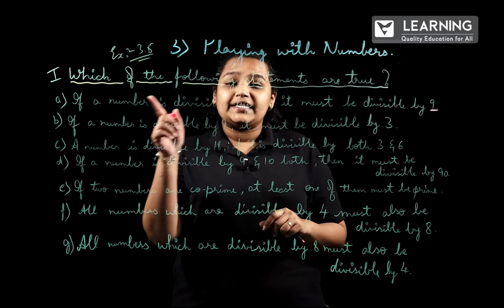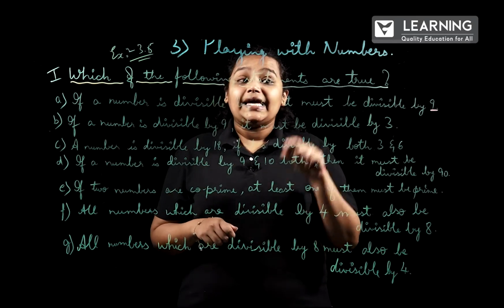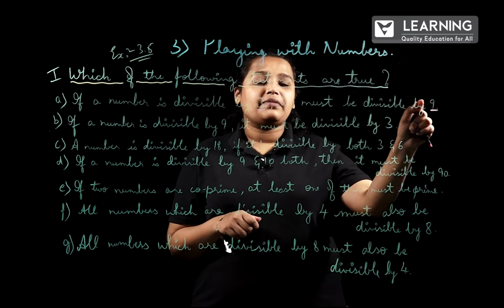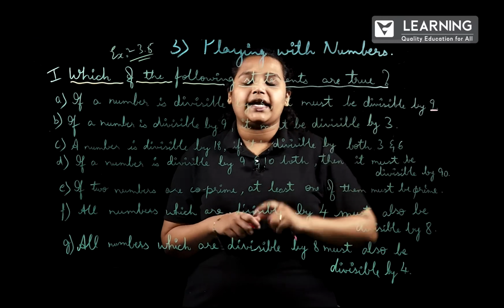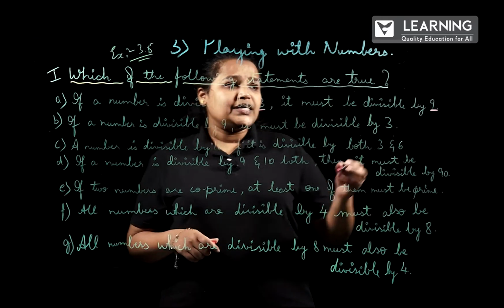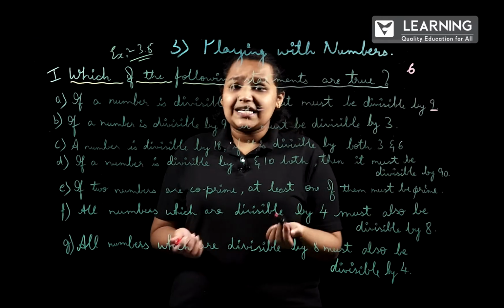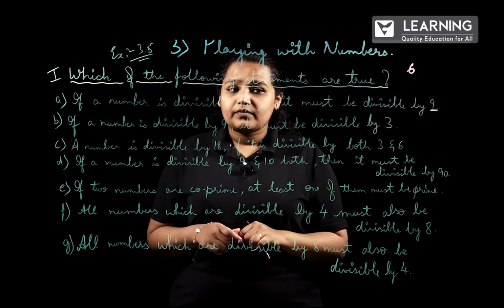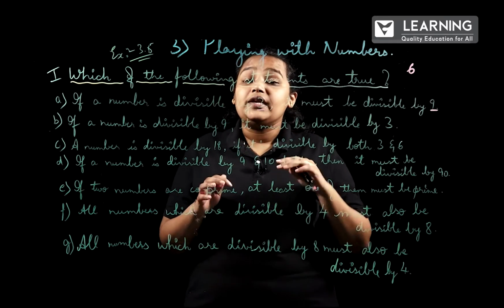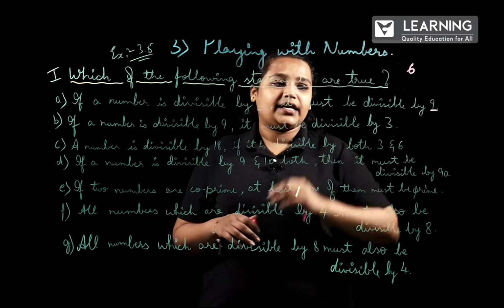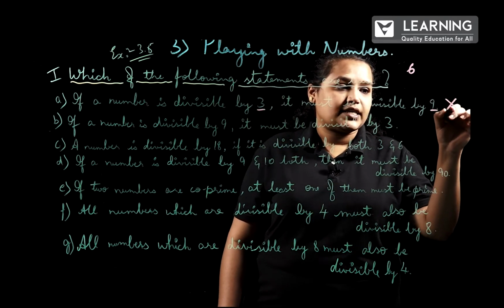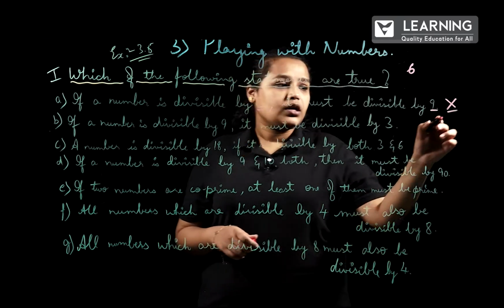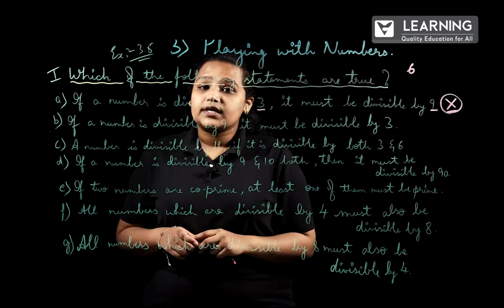For example, if you take a number like 6, 6 is divisible by 3 but not divisible by 9. So this statement is not true, it is false.